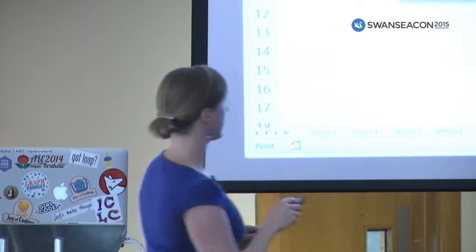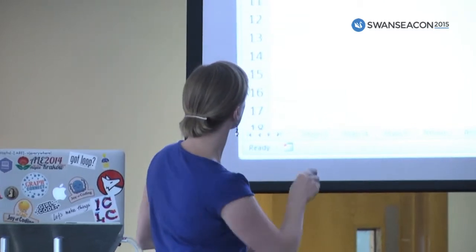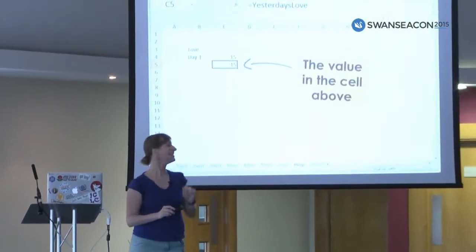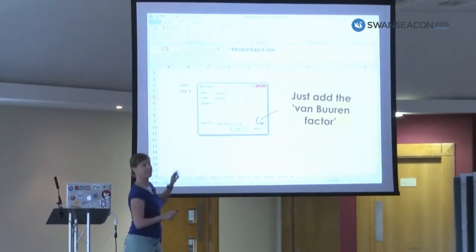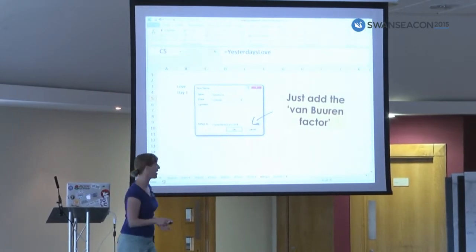So we can use that here. Instead of this string that we have created with a reference, we make a reference to that string. So now we have the value in the cell above. And if we drag it down, it would always point to one cell higher. So the only thing we now need to add is the growth factor. This is the amount of love that you get more every day.